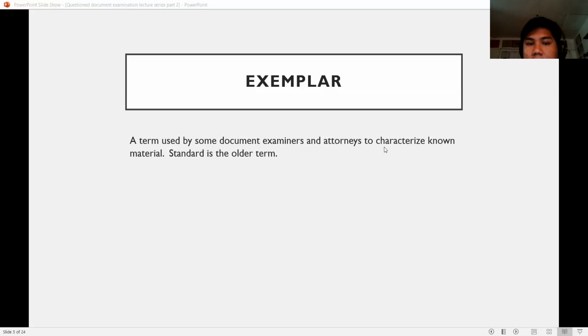Usually in court, the term used for standard documents is exemplar, not standard document. Known material, the standard document. Standard document is an older term.